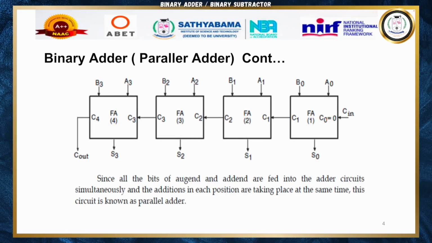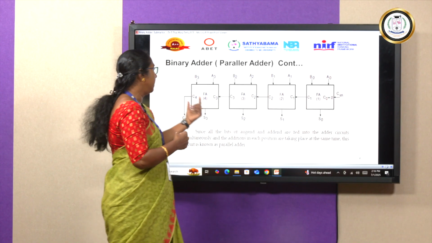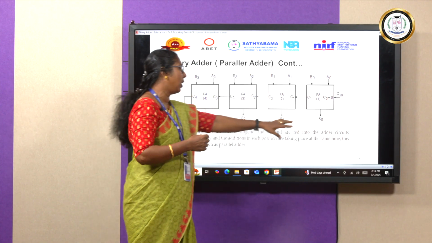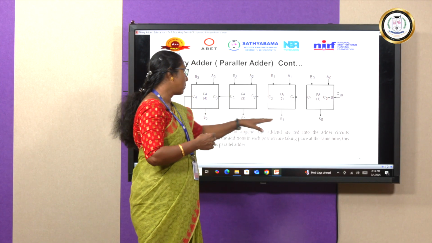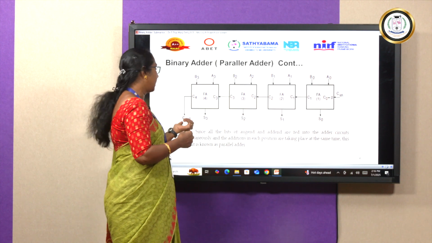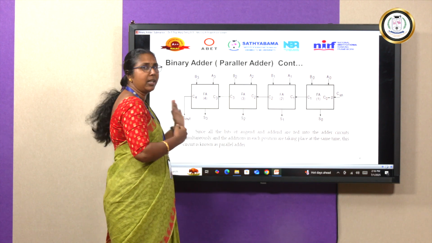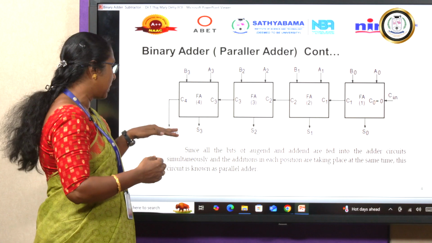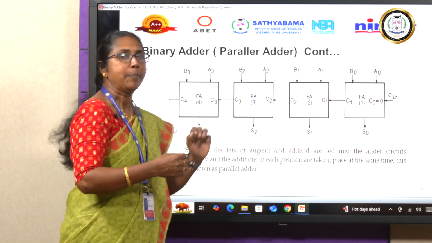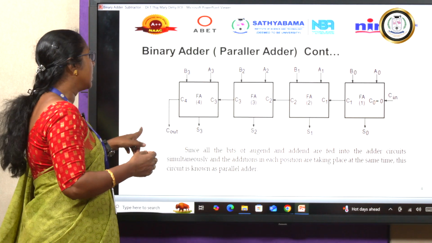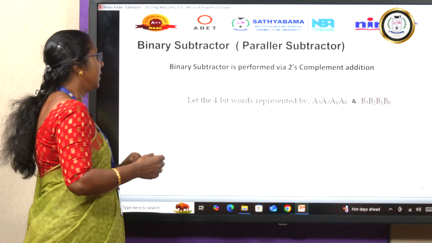Again it performs full addition, producing sum and carry, and that carry is given to the third stage. Again the third bits are added, giving sum and carry. Likewise, we get the final output S3, S2, S1, S0 and the final carry output. So, while reading this number, we read it as the carry, S3, S2, S1 and S0. So, this is the parallel adder.